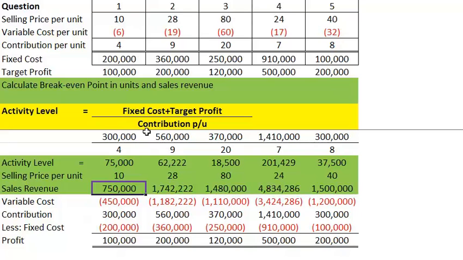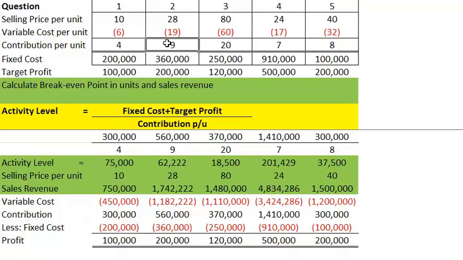In question 2, we are given selling price of 28 pound per unit. Variable cost is 19 pound per unit. Contribution per unit is 9 pound. At sale price of 28 pound per unit, every unit is not only recovering variable cost of 19 pound but also contributing 9 pounds toward fixed cost and a target profit.